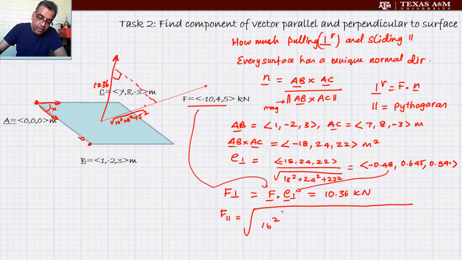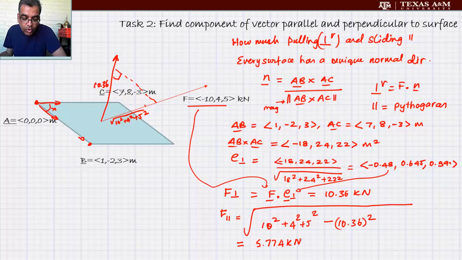So this one is 10 squared plus 4 squared plus 5 squared minus 10.36 squared. You know what I'm doing, right? This is Pythagoras theorem, and this will tell me it's about 5.774 kilonewtons. You can see it's a lot more normal force than tangential, parallel force. So it's not likely to fail.